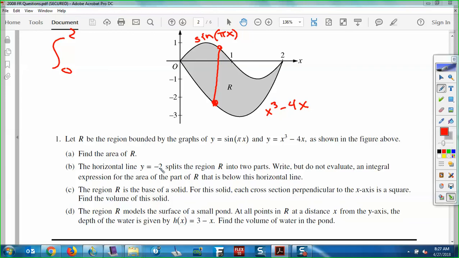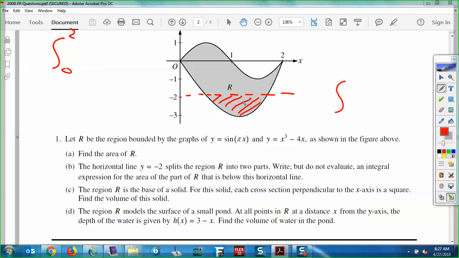The horizontal line y equals -2 splits the region into 2 parts. Write but do not evaluate an expression for the area of the part of R that is below the horizontal line. So we can do that.